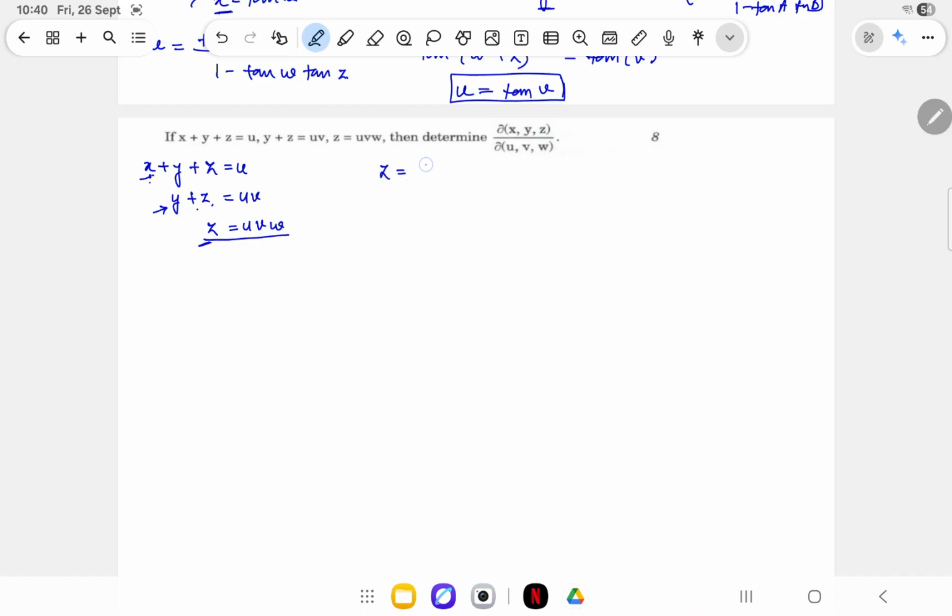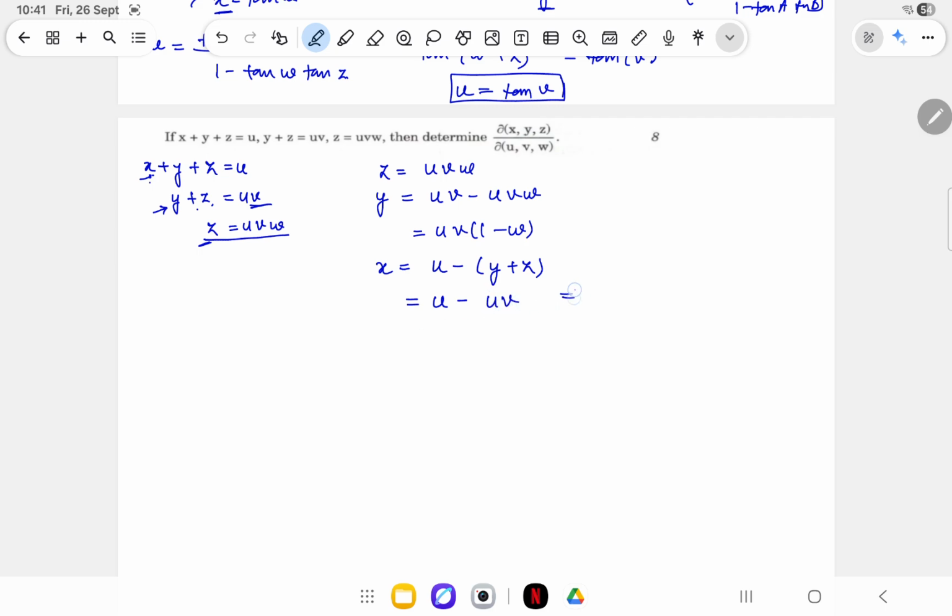My z is basically uvw, then my y will be uv − z, that is uv − uvw, which equals uv(1 − w). Likewise, I can calculate my x: x will be u − (y + z), and y + z is basically uv.